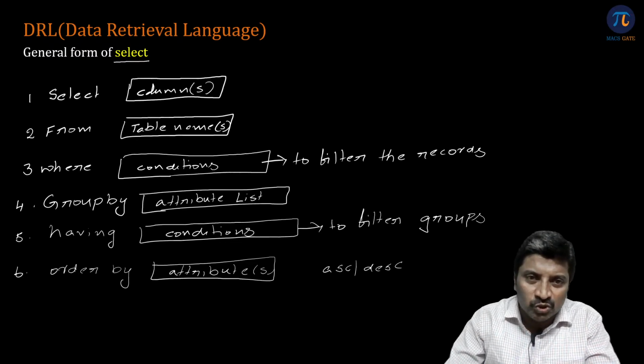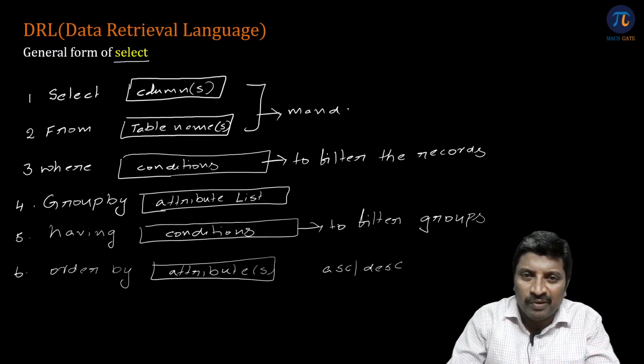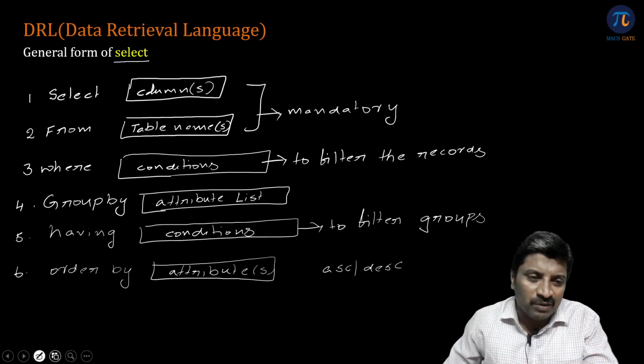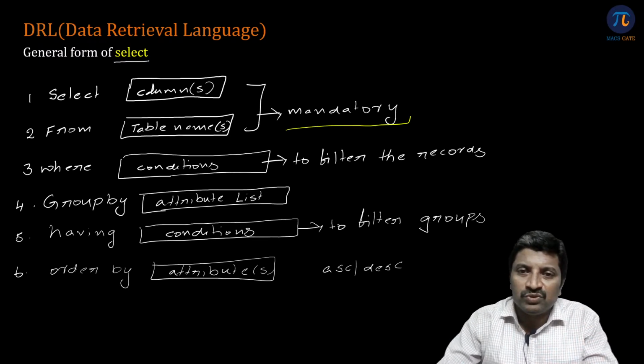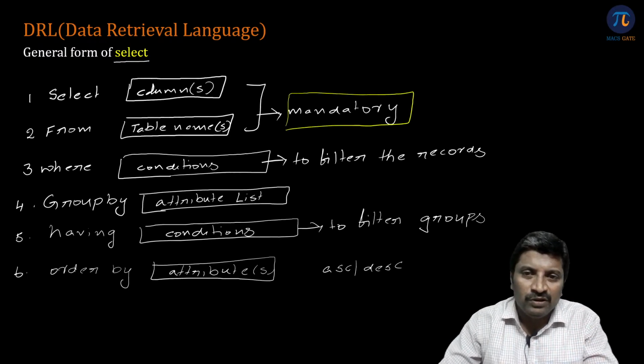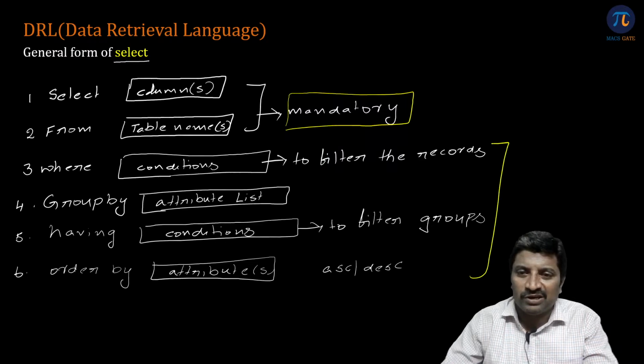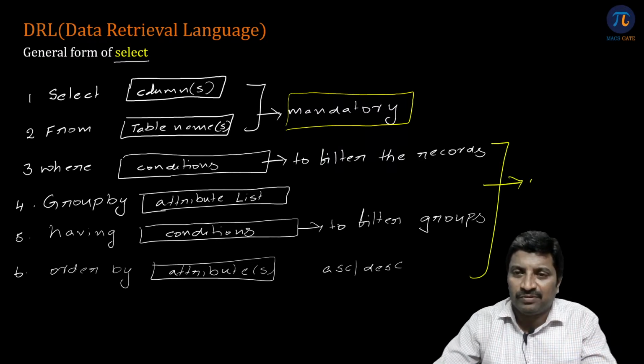Among these, the first two are mandatory to write a DRL query, because compulsorily I need to select some attributes from some table. All the remaining four are optional, depending on our requirement.